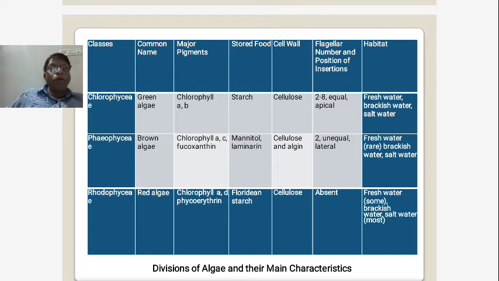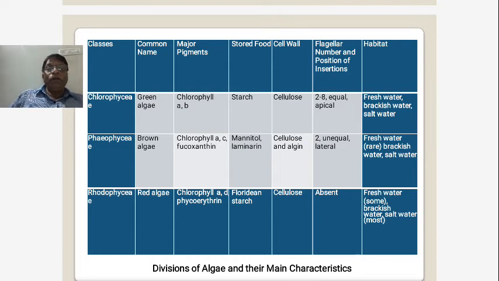Some of them are also found growing in salt water. You know, salt water means marine forms. That's all about different characteristics of the class Chlorophyceae.